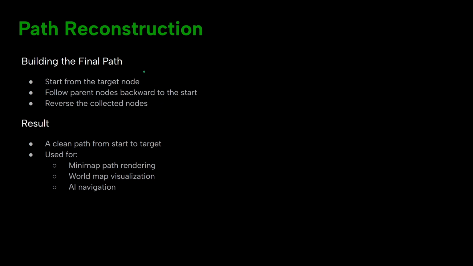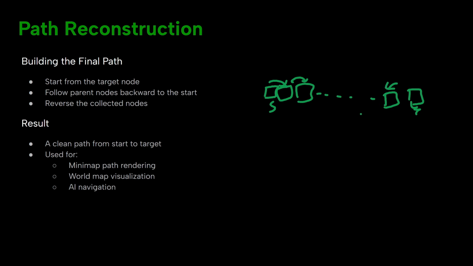And once we find a path, we have to reconstruct it by backtracking or reversing it, because usually the path will be constructed like this. From the start to target, first we evaluate this one and determine its cell value, then this one, and likewise until we reach the target, we determine the possible walkable cells.